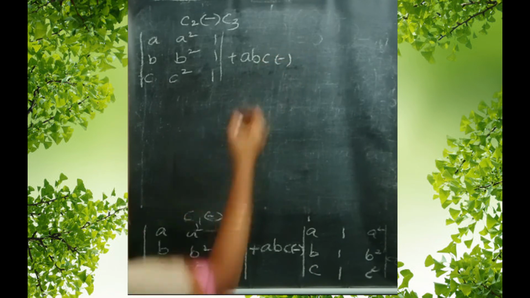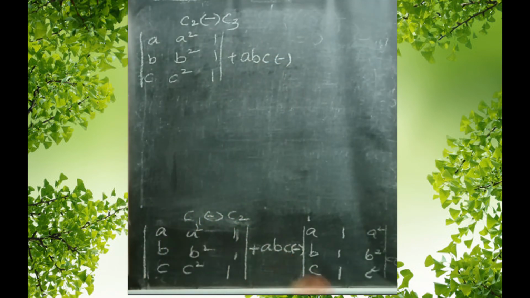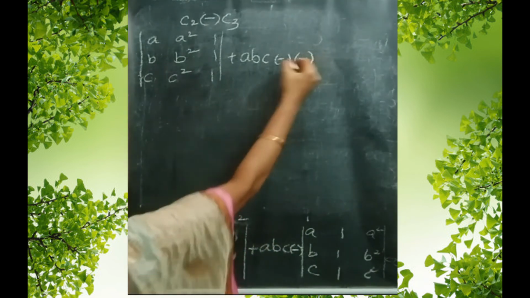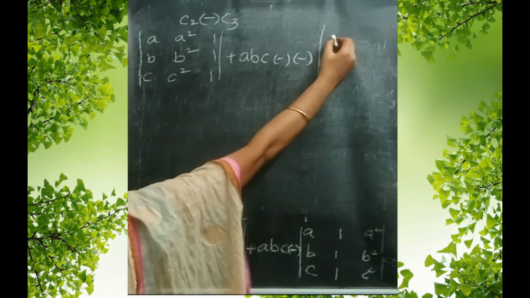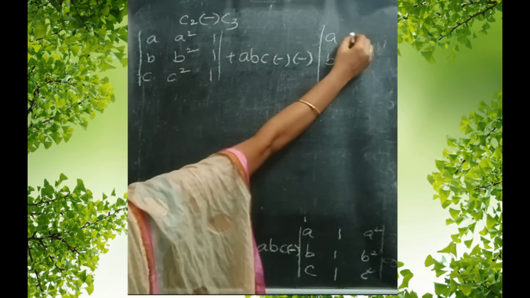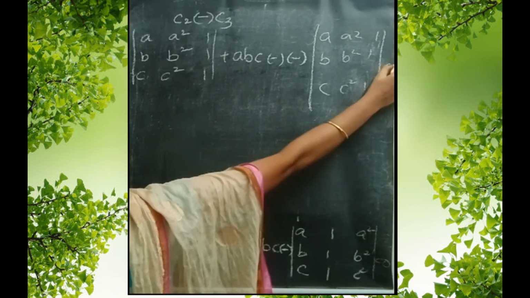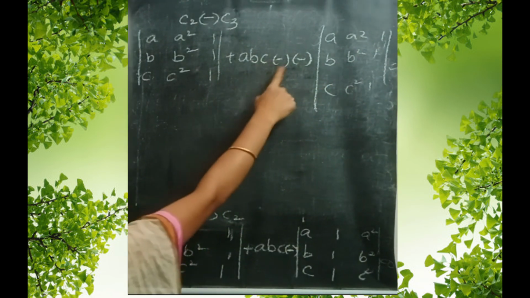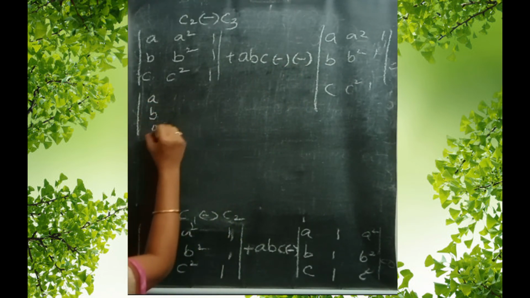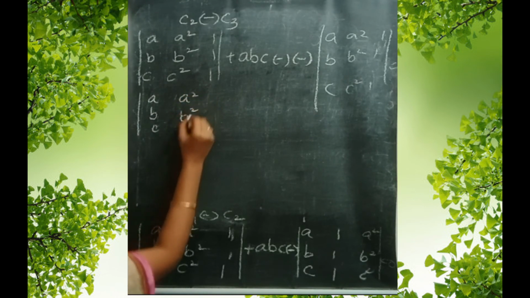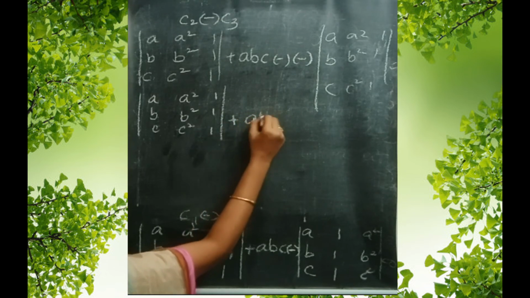Here minus will be there, because we converted C1 as C2, so there will be a minus. Now again we get minus, because again we are doing C2 tends to C3. So ABC, A square, B square, C square, 1, 1, 1 equals 0. Here minus into minus becomes plus.